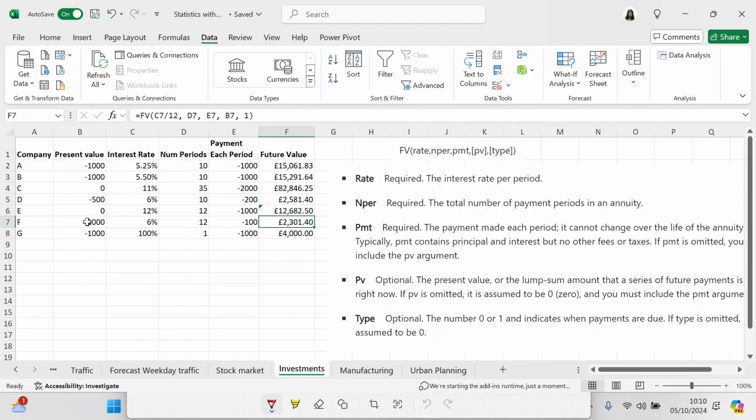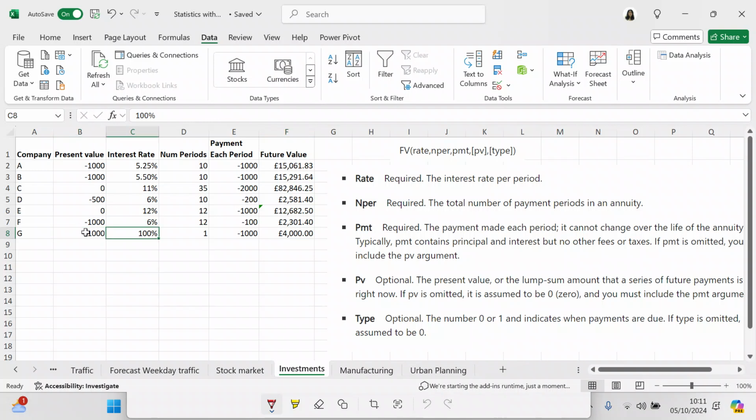So it's going to be 0.5% each month, and then 12 payment periods, £100 each payment, and then you get $2,301.40.